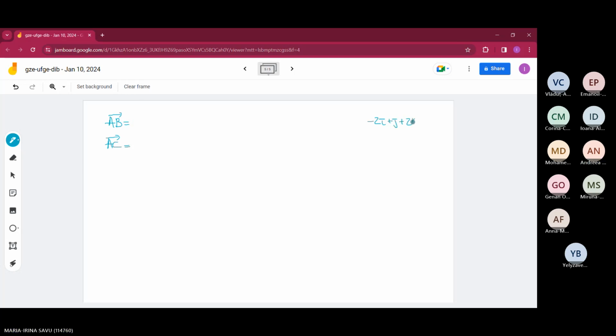It's xB minus xA i plus yB minus yA j, and the same for z. And let me take a look at the points. So A was 3, 1, 0, B was 1, 2, 2, and C 1, 0, 4, right?